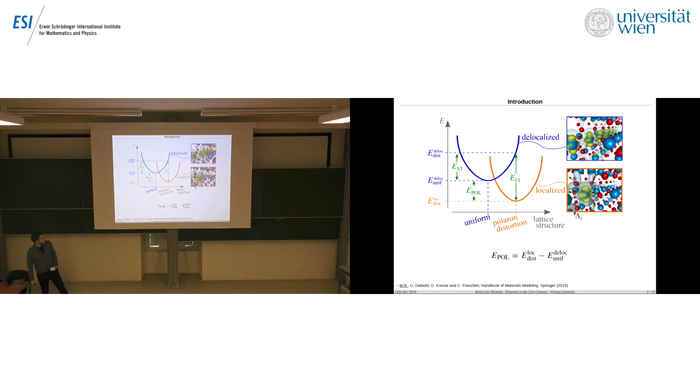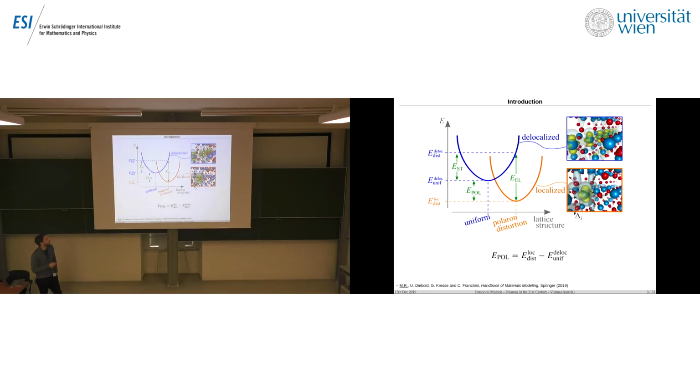So what can we do with density functional theory? I know we have already looked at this kind of sketch many times, and this is my sketch. With density functional theory, we can basically obtain two different solutions: one with the electrons delocalized and equivalently shared by equivalent atoms, and another solution with the polarons, where the charge is localized somewhere and there are distortions of the lattice around it.